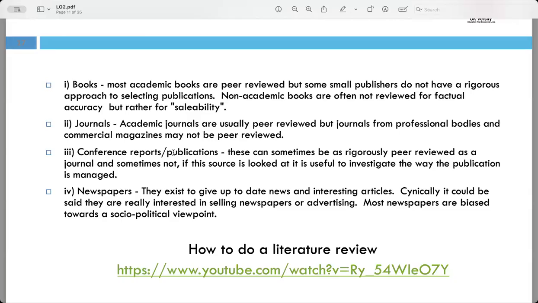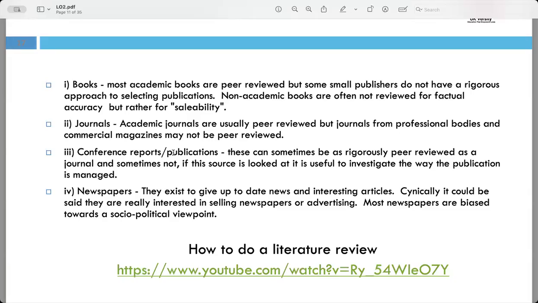Books: most academic books are reviewed by experts before they are published, especially from well known publishers. Be cautious with books from small or unknown publishers. Journals: academic journals are one of the best sources because they are usually peer reviewed, but again, be careful with professional or commercial magazines as they might not go through this process.